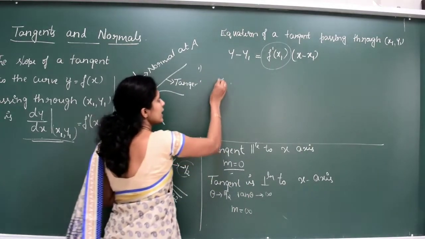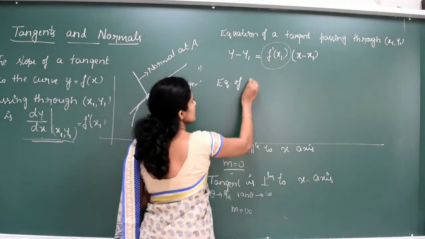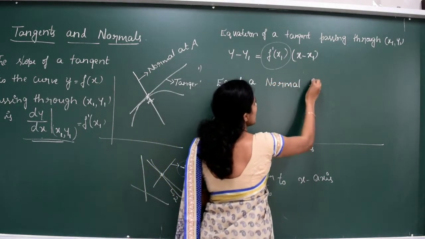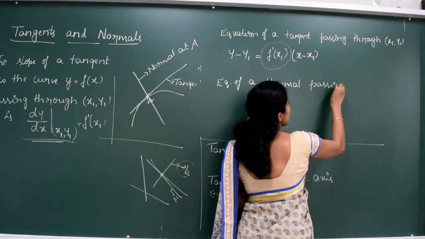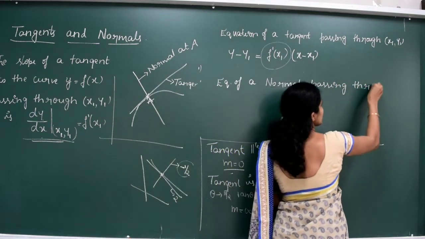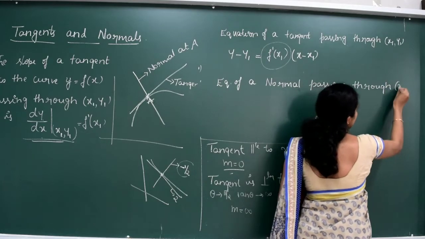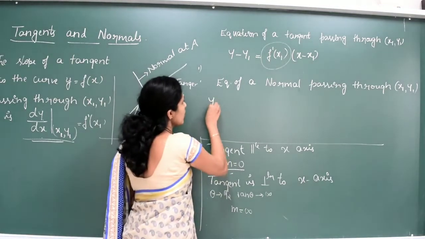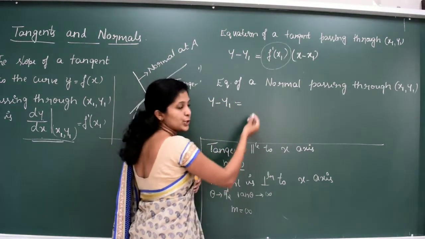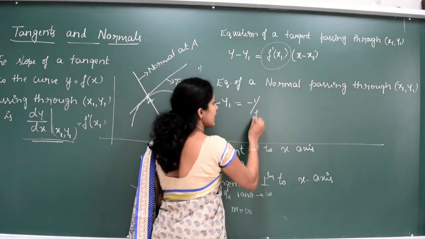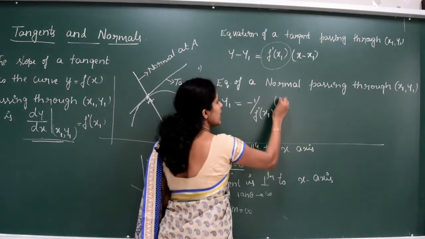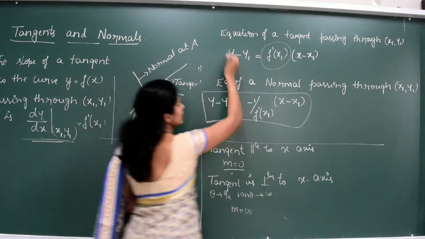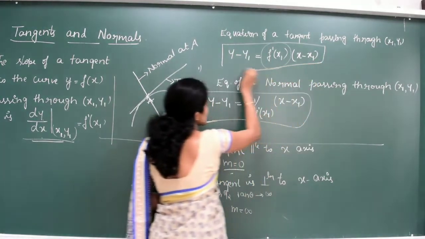So the equation of a normal line passing through x1, y1 is given by y minus y1 is equal to minus 1 divided by f dash of x1 into x minus x1. Is it clear? These are the important ones: the equation of a tangent and the equation of a normal.